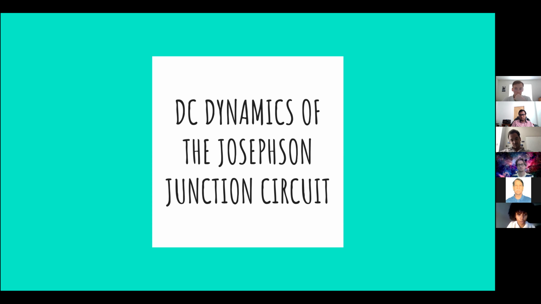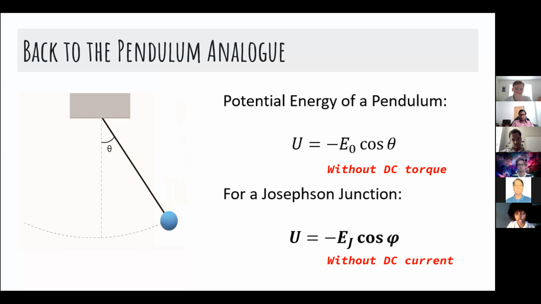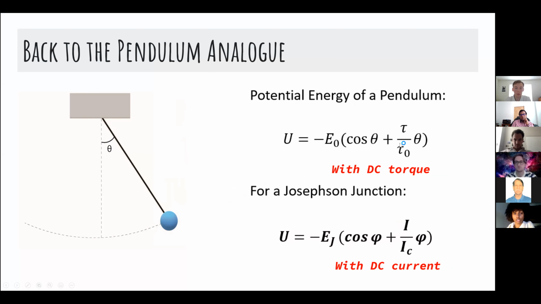For example, we look at potential energy. Here's the potential energy expression for a pendulum without any DC torque being applied to it. It's just some constant times cosine theta. For a Josephson junction, you have a very similar expression. It's some constant times cosine phi, where phi is the phase. Now if you do apply a torque to your pendulum, then you get this expression added to your potential energy equation.